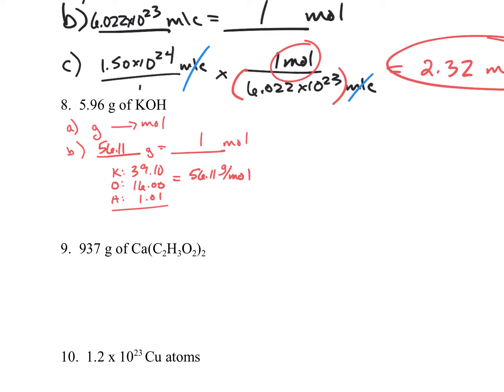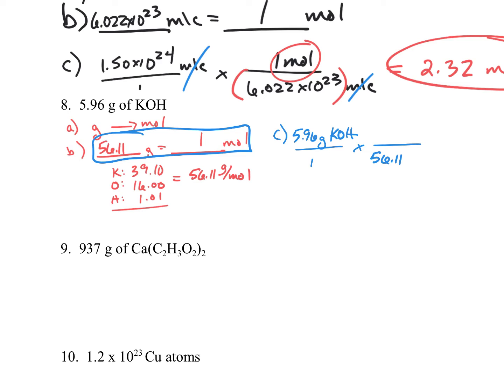So in the third case, all you do is set up this multiplication problem so that the units cancel. If the number you start with is 5.96 grams of KOH, you need to set up this conversion factor in a way that allows the units to cancel. So 5.96 grams can cancel with 56.11 grams.